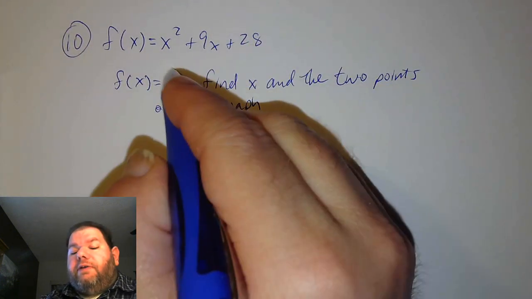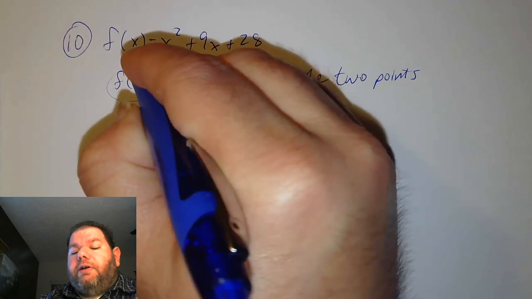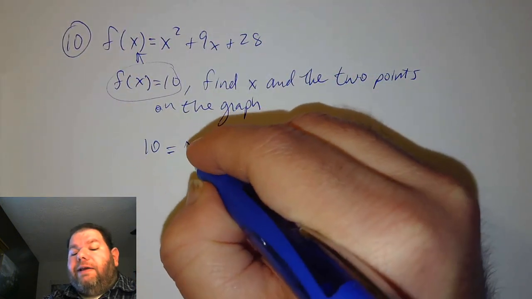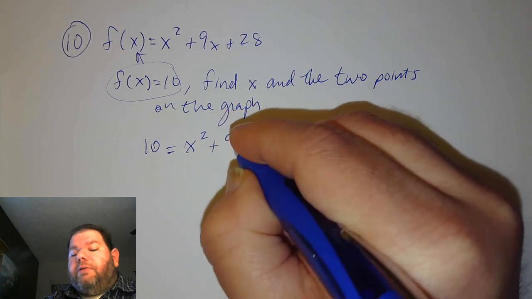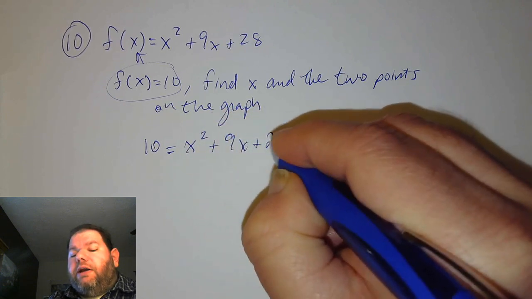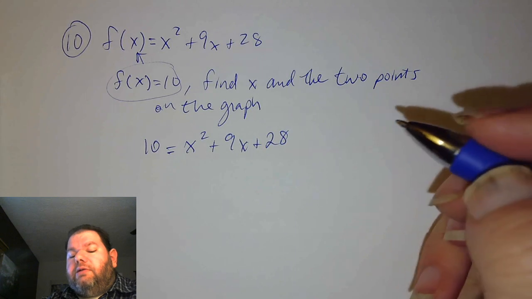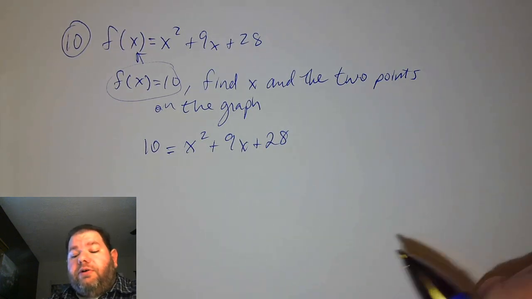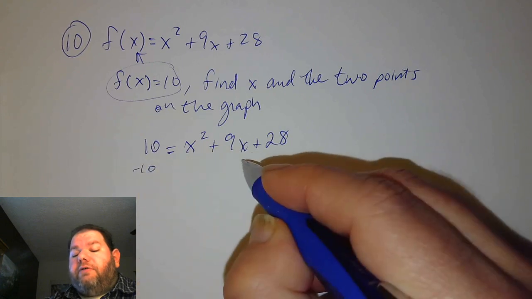So if f of x is 10, that means we're going to plug in 10 on the left-hand side of this equation. So 10 is equal to x squared plus 9x plus 28. Now, this is a quadratic equation, so in order to solve it, we'll want to subtract our 10 over.